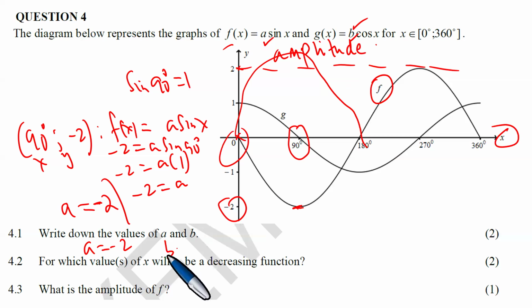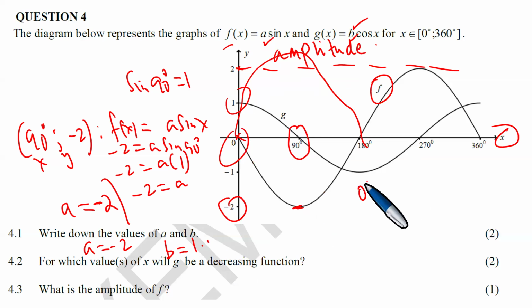Positive 1, well done. Positive 1, because you can see that it is 1 there at 0. If you're not sure whether it's negative or positive, take a point.